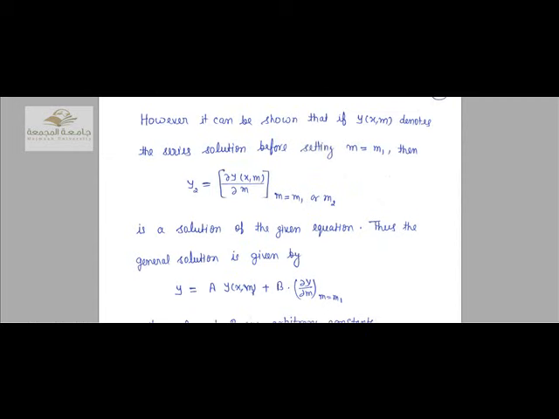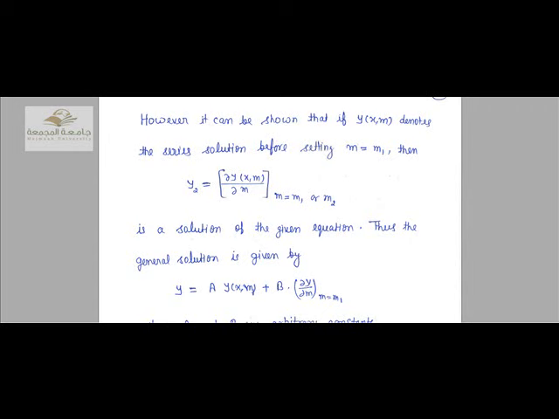However, it can be shown that if y(x, m) denotes the series solution before setting m is equal to m1, then y2 is equal to del y over del m at m is equal to m1 is a solution of the given equation.